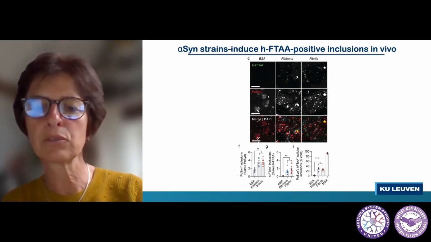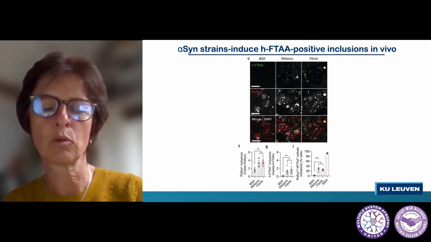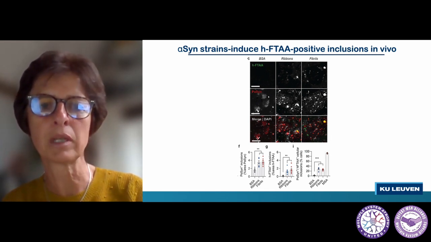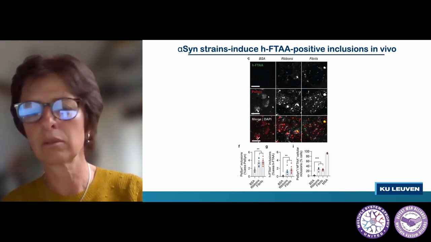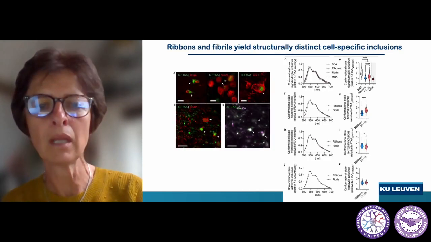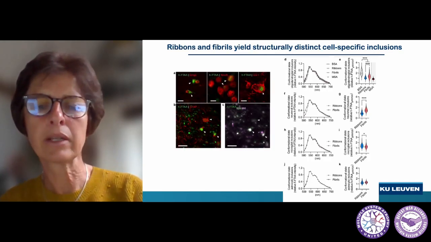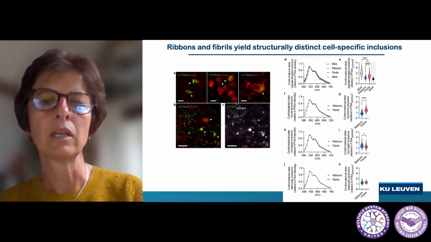If you compare this to MSA brain of patients, you can see that there's actually a complete colocalization of the phospho-alpha-synuclein and the LCO probe, which is less in the animal condition. We can also further characterize this. What you can do with this probe is look at the emission spectrum.